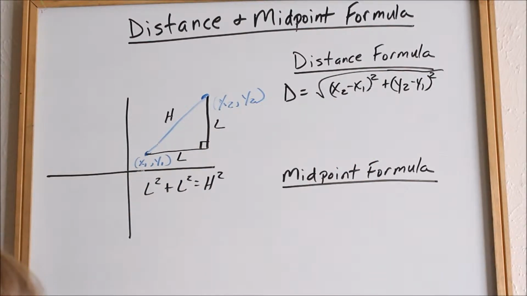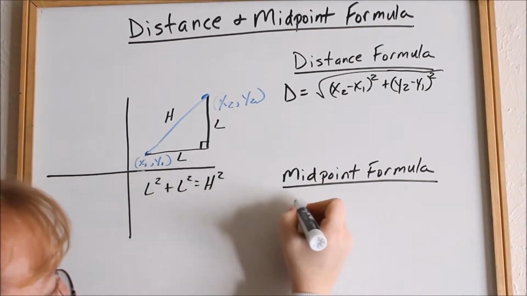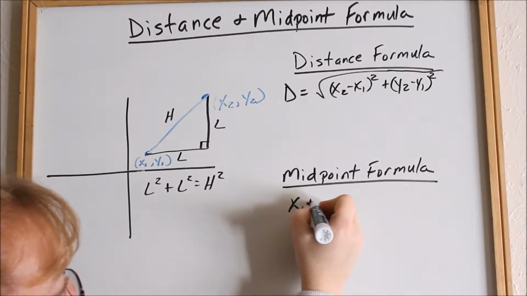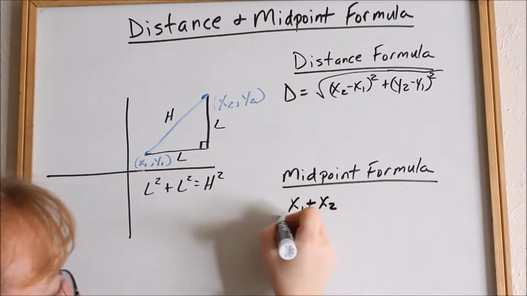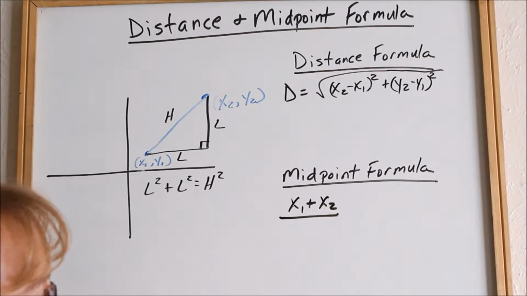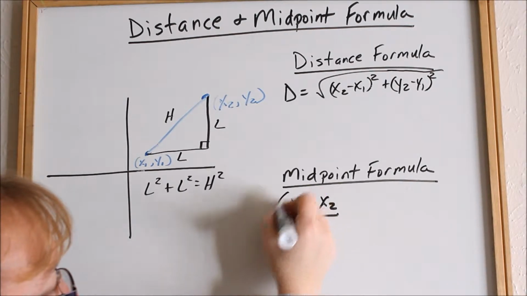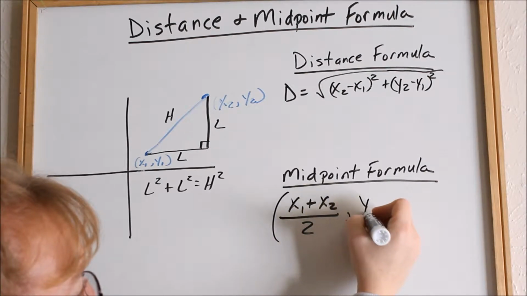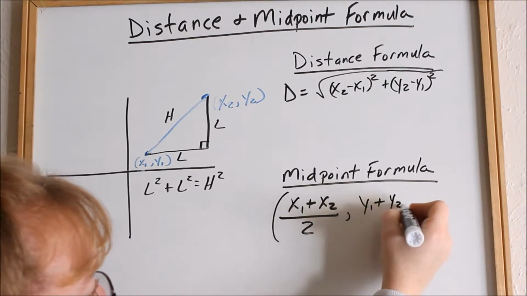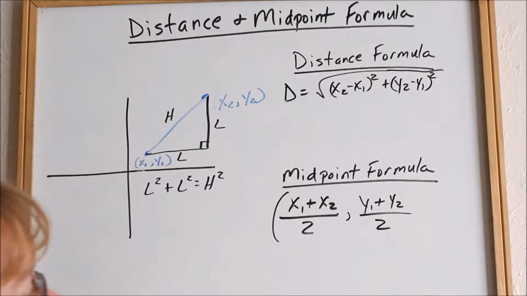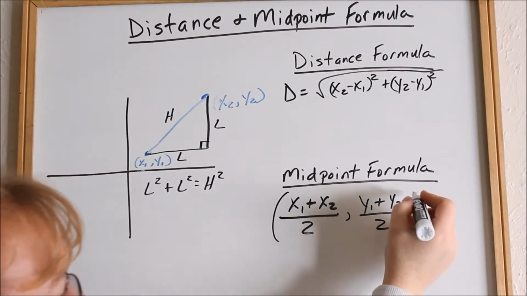Now the midpoint formula: you're going to take the average of your x-coordinates. If I add 2 numbers, then to take the average I divide by 2. Then you take the average of your y-coordinates. Remember, I'm adding 2 things, so I divide by 2 to take the average.